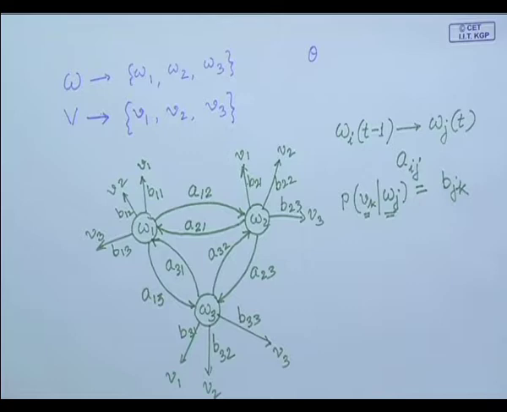So, these are the different probabilities of emission of the visible states from different hidden states of this hidden Markov model.